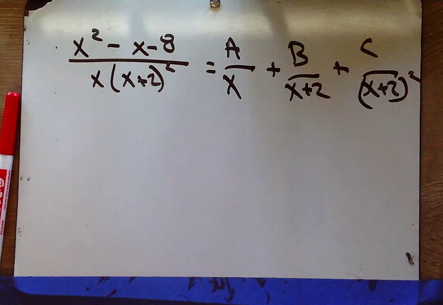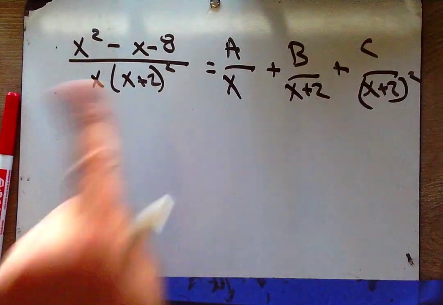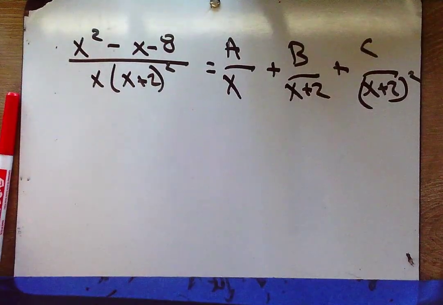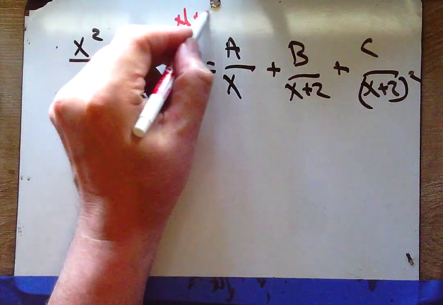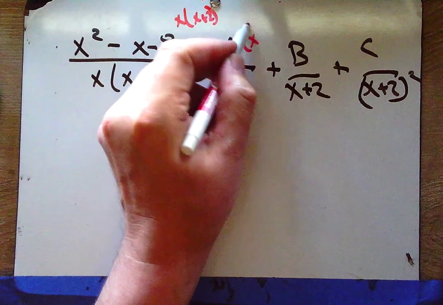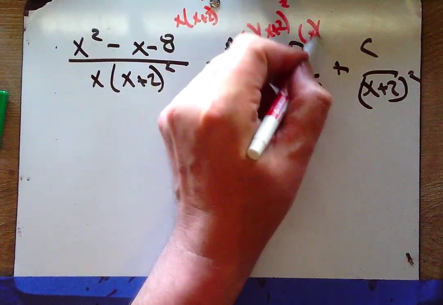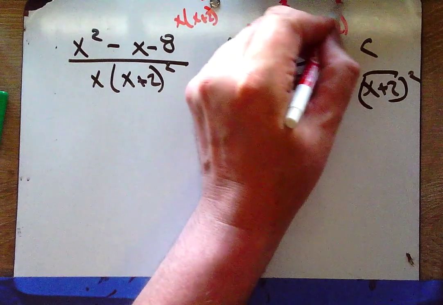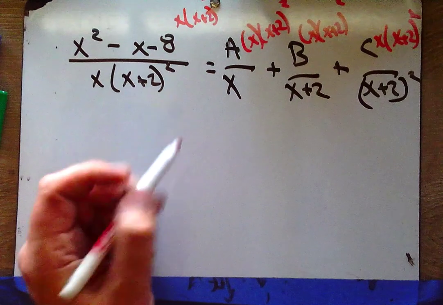I still want to multiply everywhere by my least common denominator. My least common denominator is not this times this times this. That gets you in trouble. Right here. This is my least common denominator. So I'm going to multiply everywhere by x times x plus 2 squared, and x times x plus 2 squared.